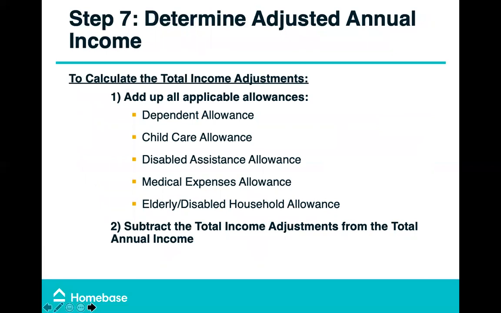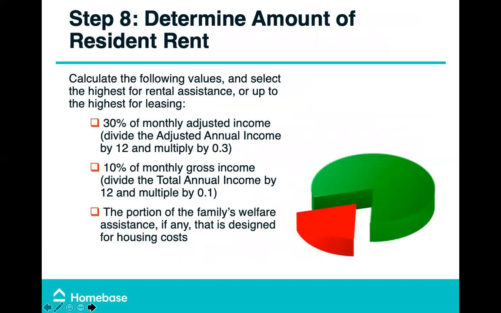Okay, so now that you've calculated any applicable allowances, you're going to want to add up all of the allowances and subtract that sum from the total annual income, which is what you calculated in step 1. And this figure is the adjusted annual income. Step 8 is calculating or determining the amount of the resident rent. Remember those 3 figures that we discussed at the very beginning.